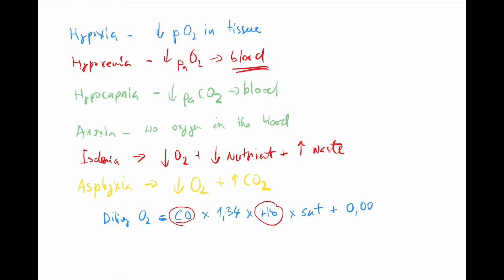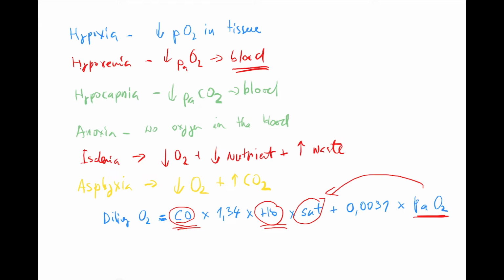This is a factor times partial pressure of O2. What is crucial over here, these two are the most crucial. And of course the partial pressure of oxygen. Saturation is a function of the partial pressure.